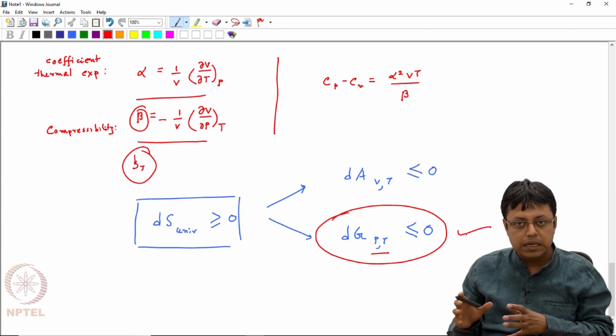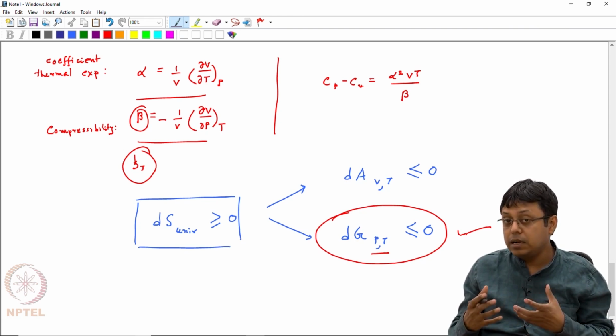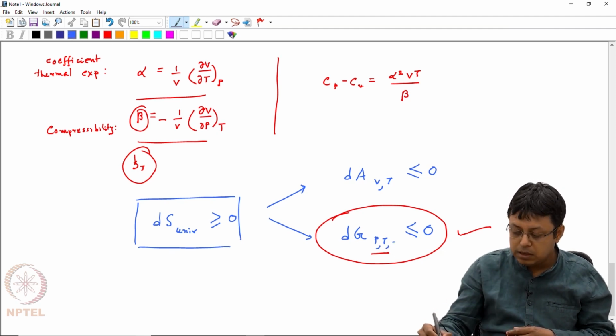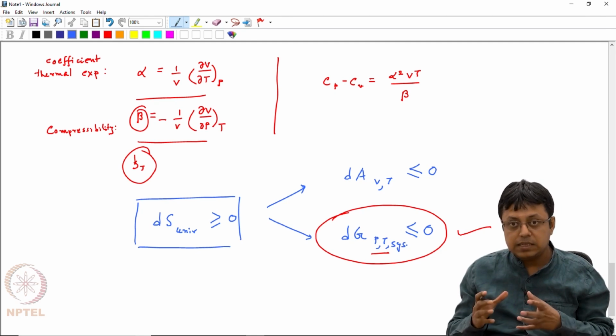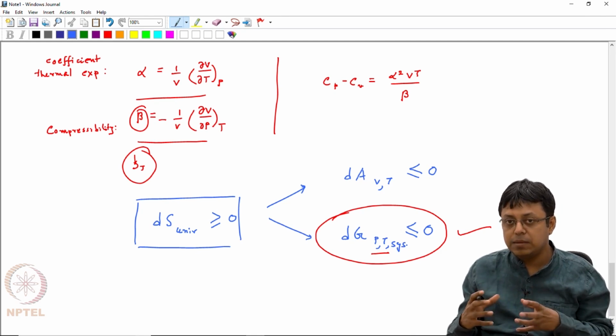So just keep in mind that sometimes we say dG should be negative. It's not a correct statement. It's actually the dG for the system. So we should write dG at constant P and T for the system is negative. It's not only the dG of the system, it's taken at constant pressure and temperature.